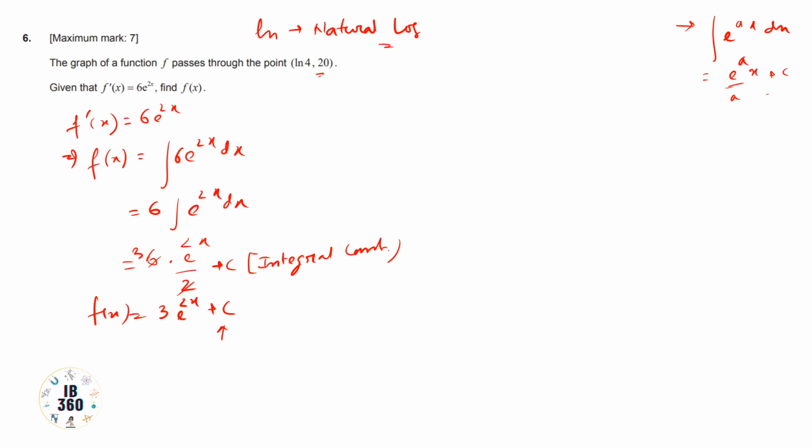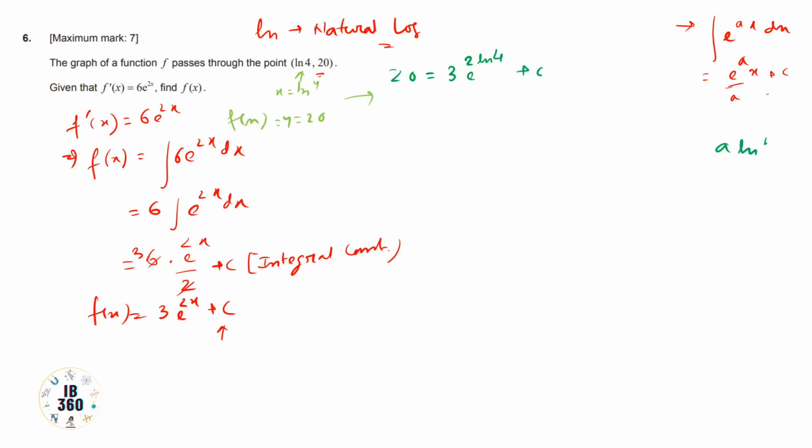Now we can see that if x equals ln 4, then y equals 20, and y is basically nothing but f of x. So from here we will deduce c. If f of x equals 20, then we can write 20 equals 3 e to the power 2 ln 4 plus c.